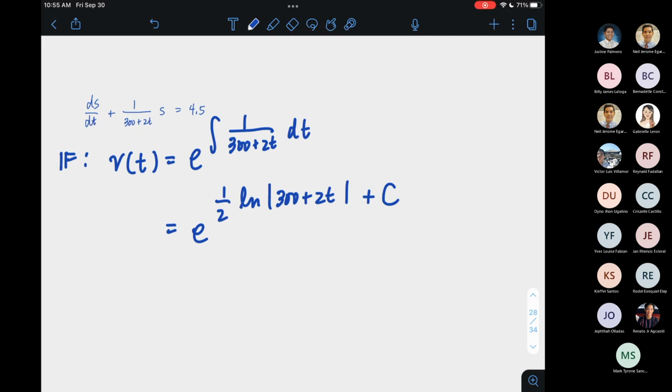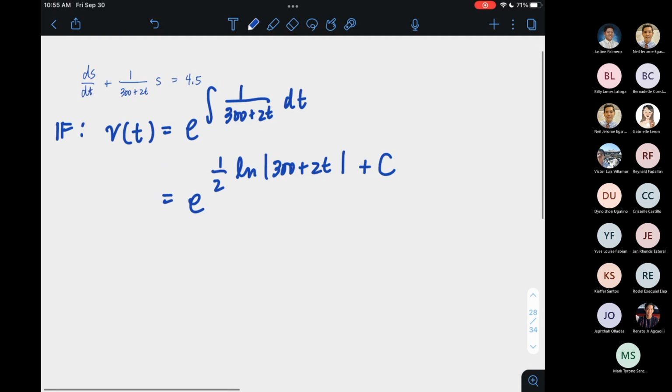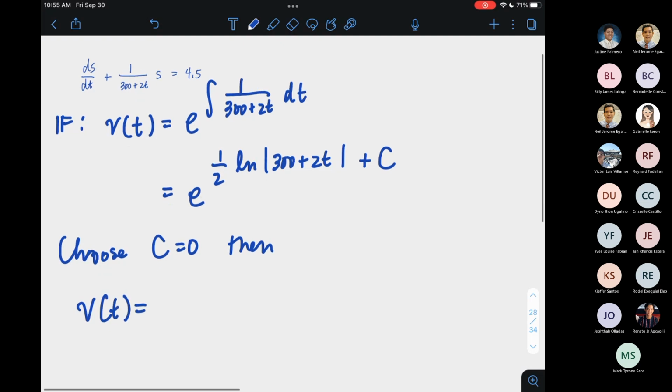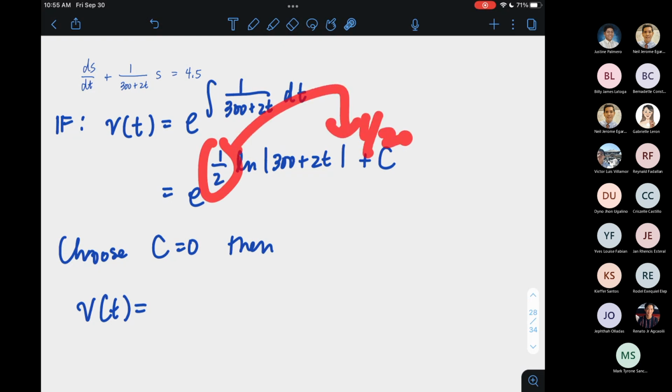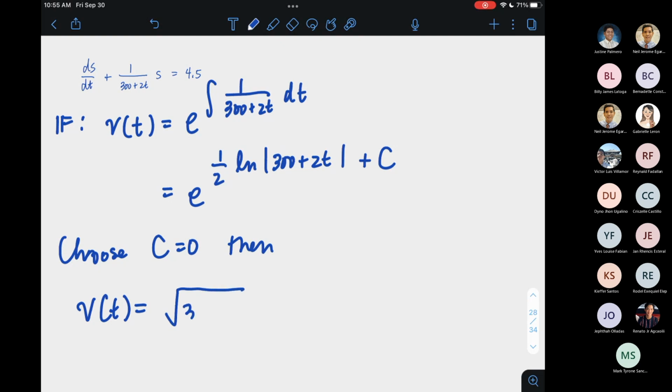Tapos isi-simplify ko muna yung integrating factor para mas madali siyang i-work out. So I'll choose c equals 0 and simplify. So ito ay aakyat as a exponent there. E and ln will cancel each other out. So we'll have square root of 300 plus 2t. Siya yung ating integrating factor.